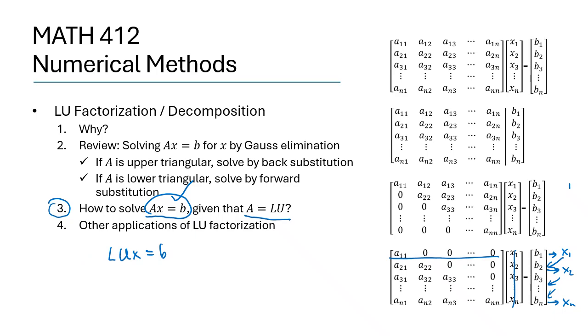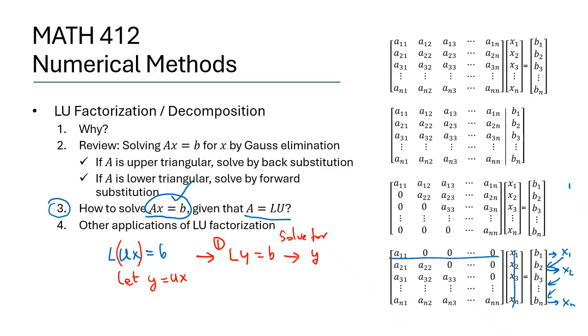Now imagine we have parentheses here, and let y be Ux. Now this will be Ly = b, where L is known, b is known. So we solve this for y. That's the first step: we solve for y.